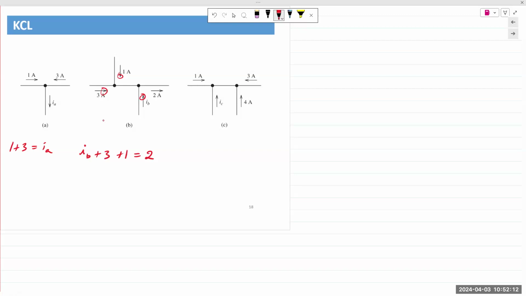And then for C, we have Die Hard 4 again. You have IC plus 1 plus 4 plus 2 plus 3 equals 0. All 4 currents are entering the junction, which of course is not possible. Any questions?